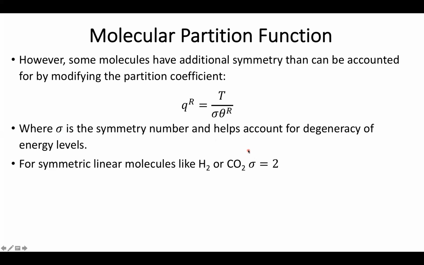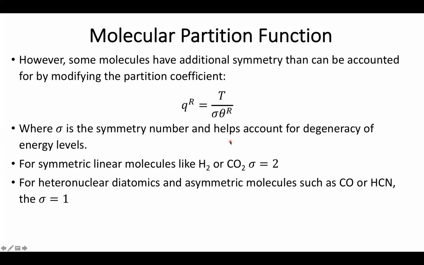And so for a symmetric linear molecule like hydrogen or CO2, the symmetry value is 2, because with no way to differentiate the ends of our molecules, since I have a hydrogen on either end of H2 and an oxygen on either end of CO2, I've essentially doubled the effective degenerate energy levels. So we're going to have a much larger characteristic rotational constant.